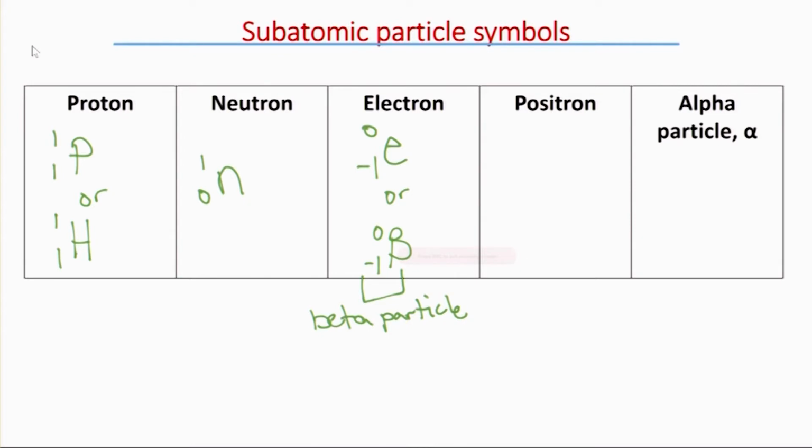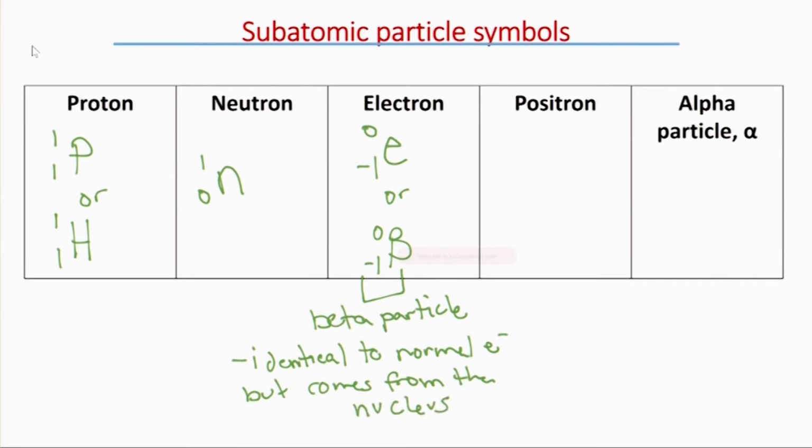It is identical to a normal electron, but if this electron comes from the nucleus, we call it a beta particle. We'll get into that more.